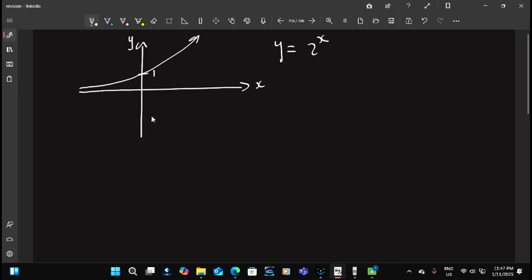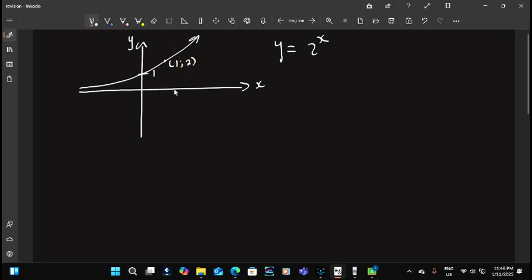Remember, here we have 0 mapped to 1. If I substitute 1 here, I would have a point 1 mapped to 2.